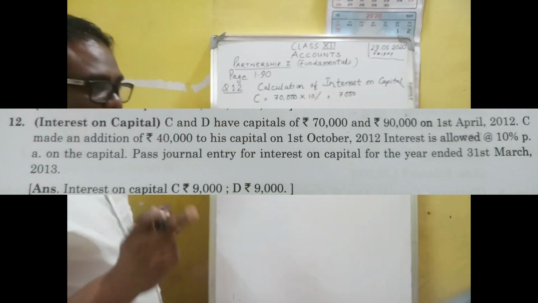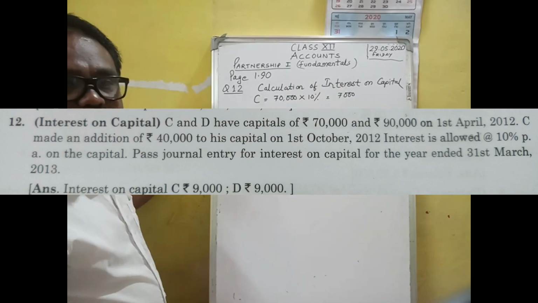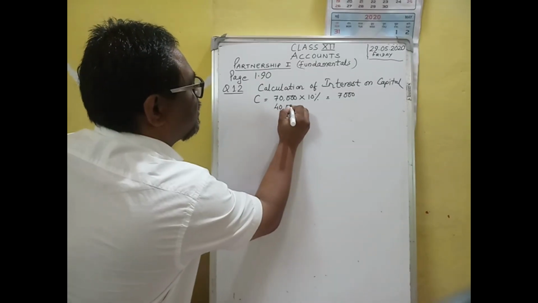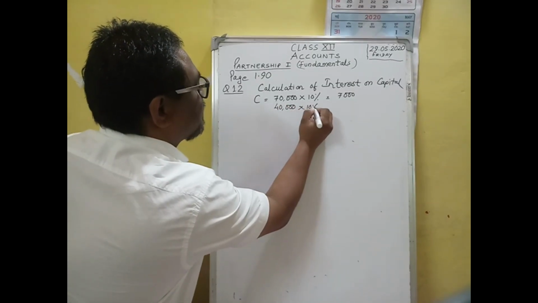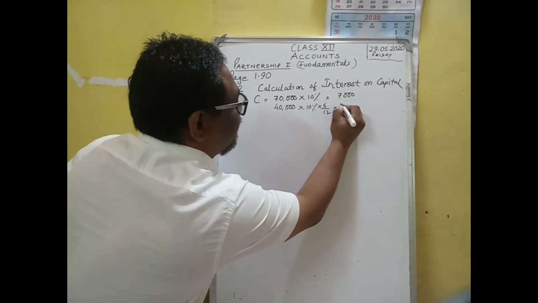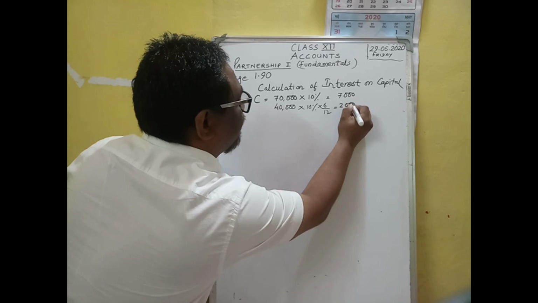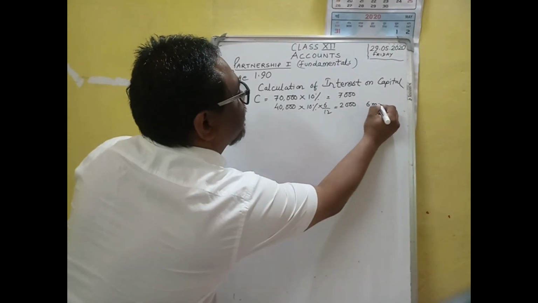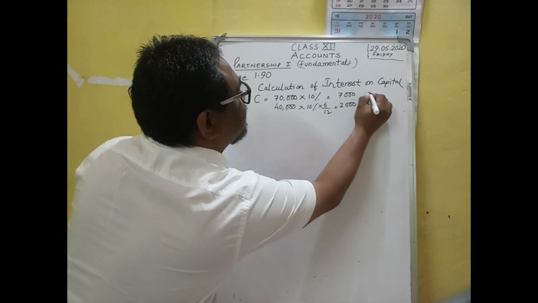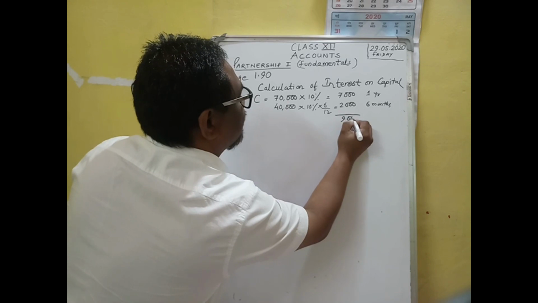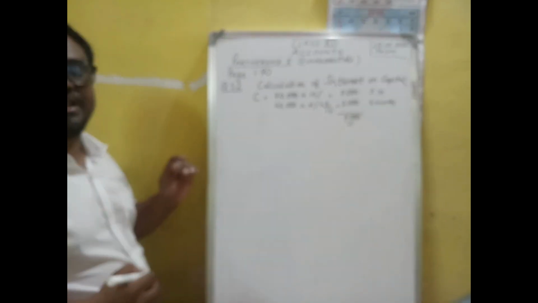So October, November, December, January, February, March, 6 months interest on capital of C is 40,000 into 10% into 6 by 12. So that will come to 2,000 interest on capital for C. This is for 6 months, and this is for one whole year. Total interest on capital is 9,000 for C.